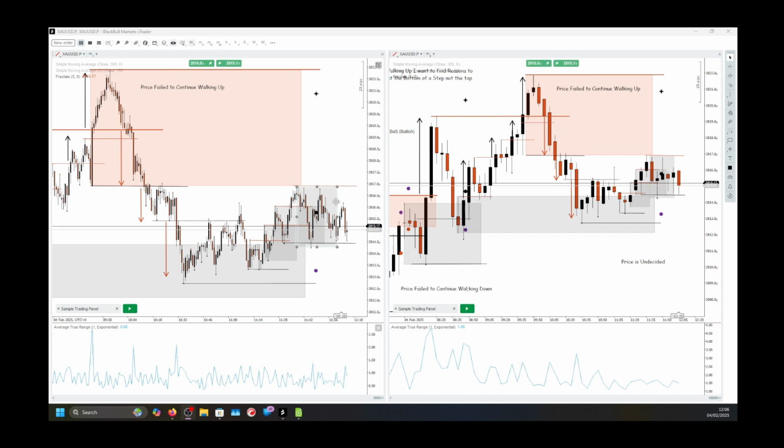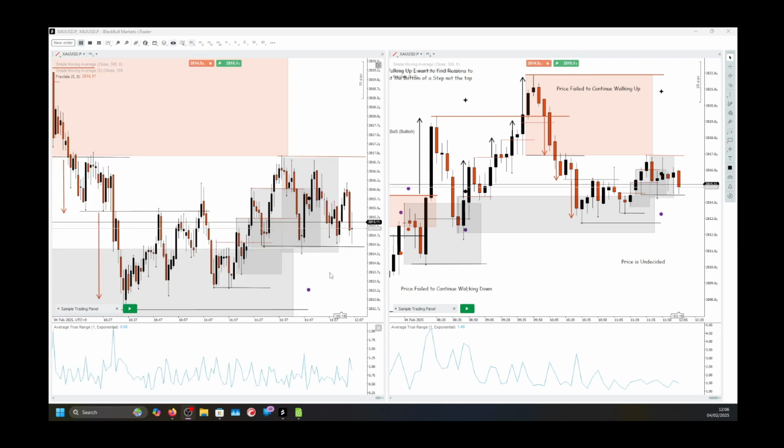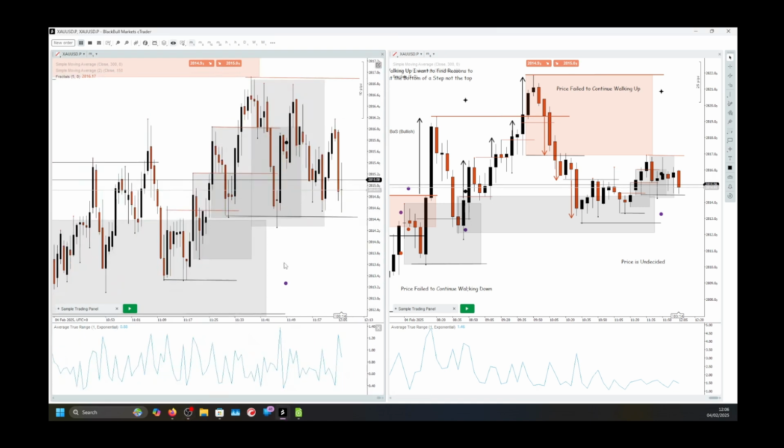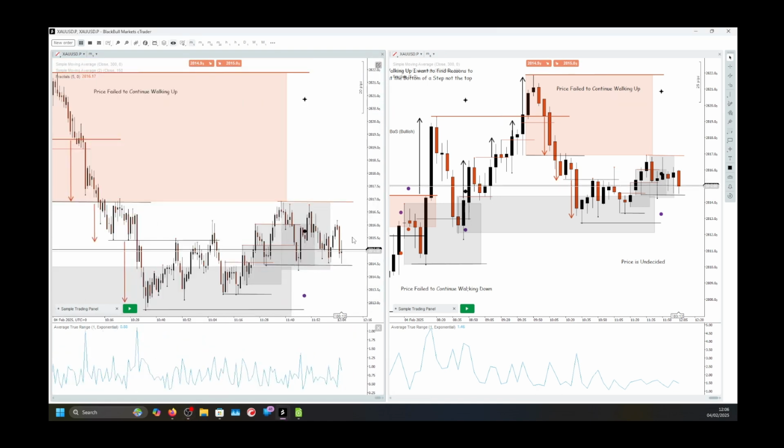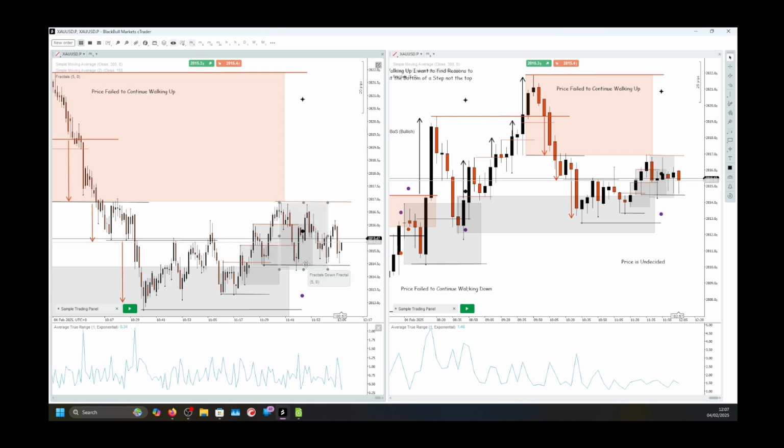Well, I must admit, if I was actually in this trade, I'd be looking to get out at break even, because I'm probably not going to get the opportunity. The last time price was here, it came up to this level. Now it's only just getting to here.